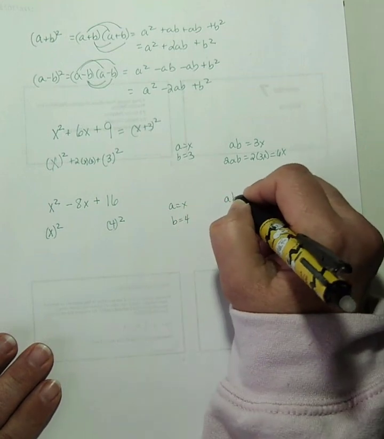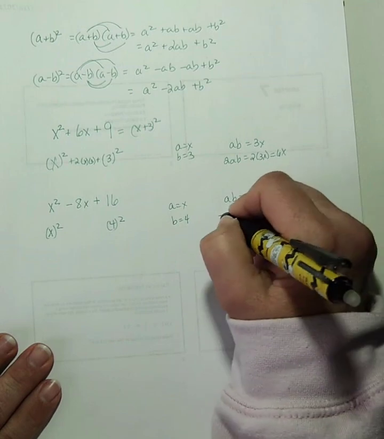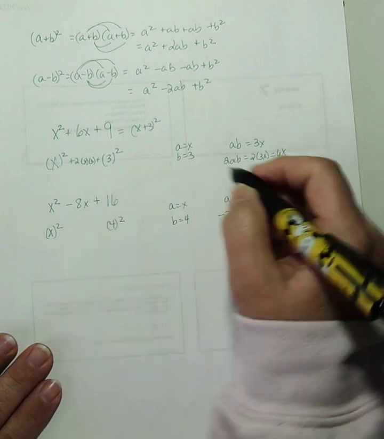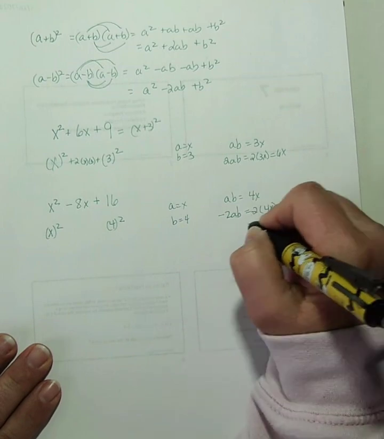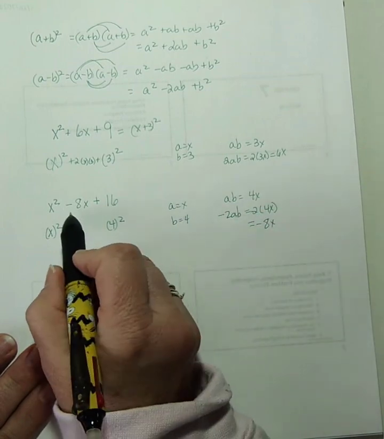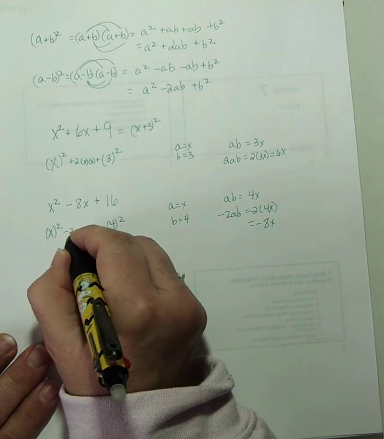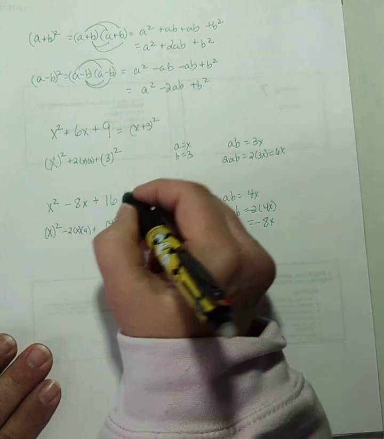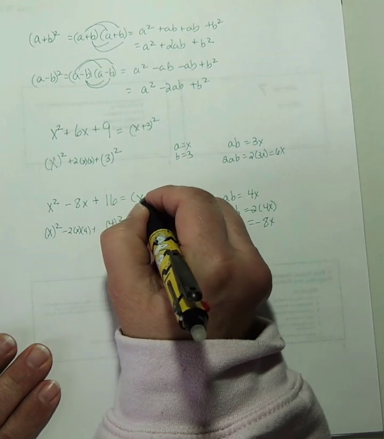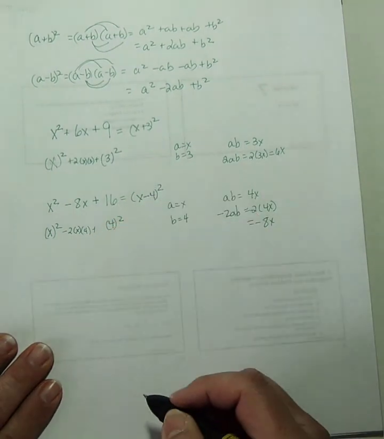So I look at a times b, it's 4x, and negative 2ab, since it's negative, is negative 2 times 4x, negative 8x. I note that I have a perfect square, that this is negative 2 times a times my b in there. So that means this is x minus 4 being squared.